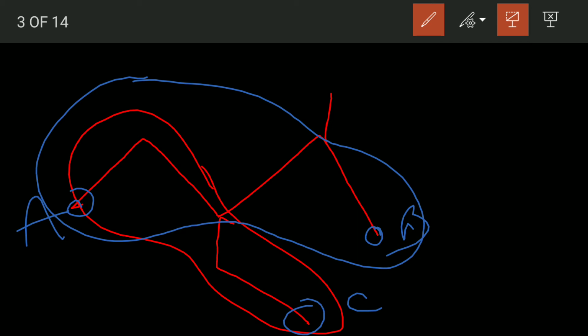But AB is having one locant, and BC is having 0 locants. So the parent chain would be AB. If there are multiple chains having the same number of carbons, then you must select the parent chain which has more number of locants.